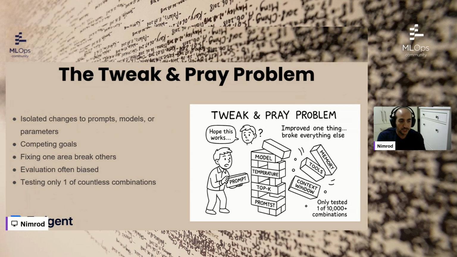The implications are that we oftentimes fix a single area and break other areas, or we just hurt the overall task that we had. So different measures that are conflicting start to fluctuate. And in general, what we'll often be doing is to test a single combination at a time.